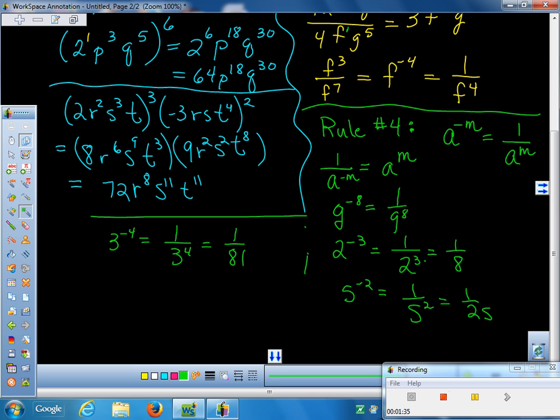So what if I give you 1 over 2 to the negative 2? Since it's on the bottom, I would bring it to the top, and it would be a positive 2 when I bring it to the top. So negative powers, you just move them up and down.